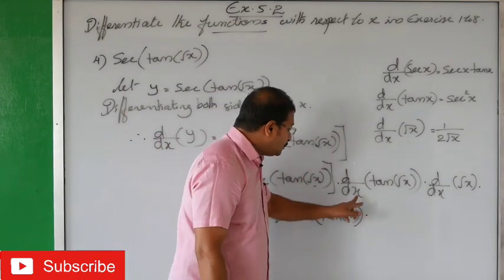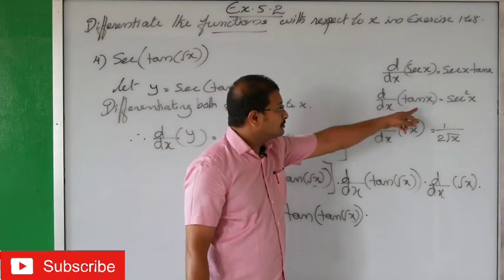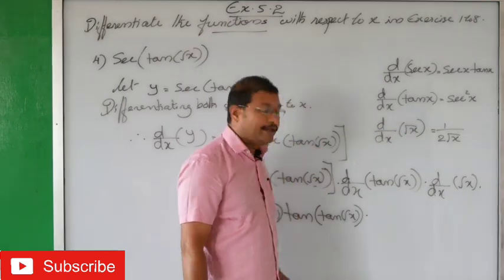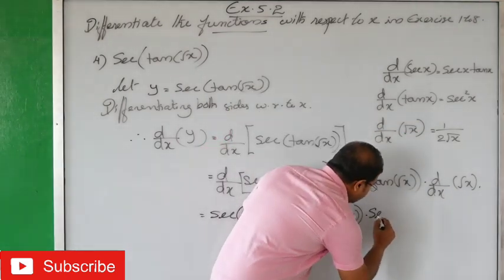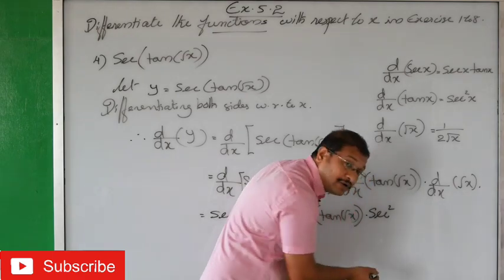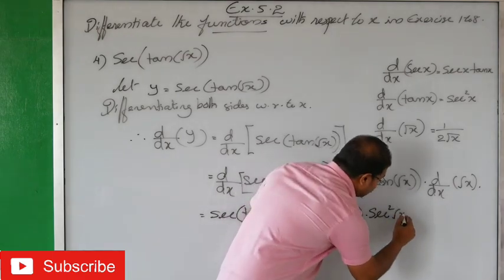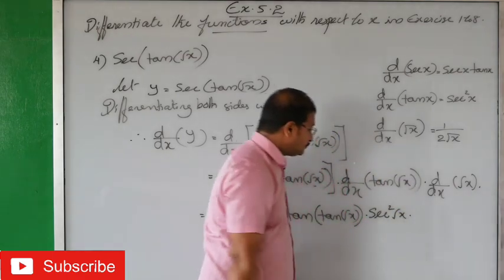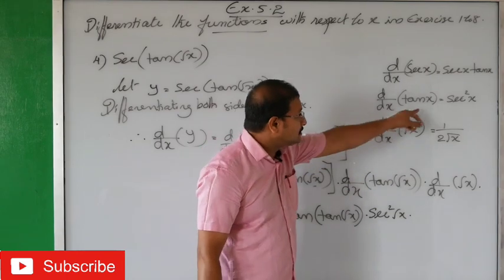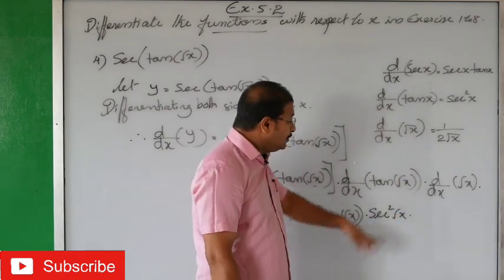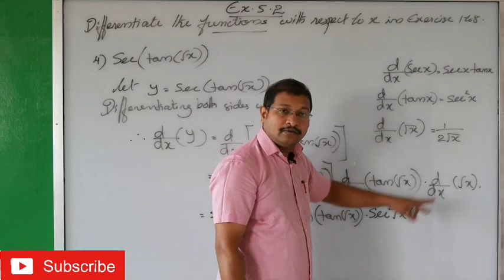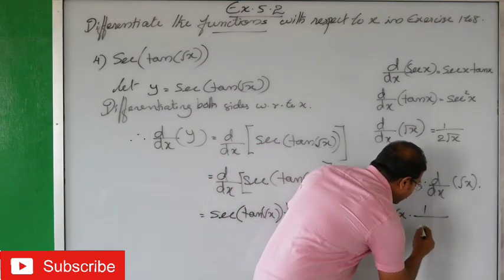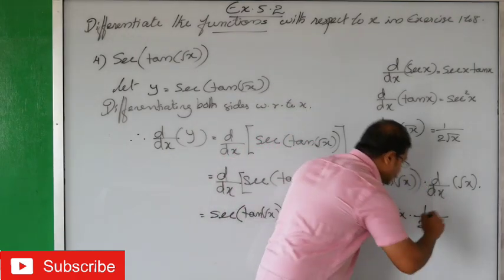Into derivative of tan x. What is that? Sec square x. That means what will you write here? Sec square x means what will you write? Root x. Into derivative of tan x equals sec square x, into derivative of root x is what? We will write 1 by 2 root x.